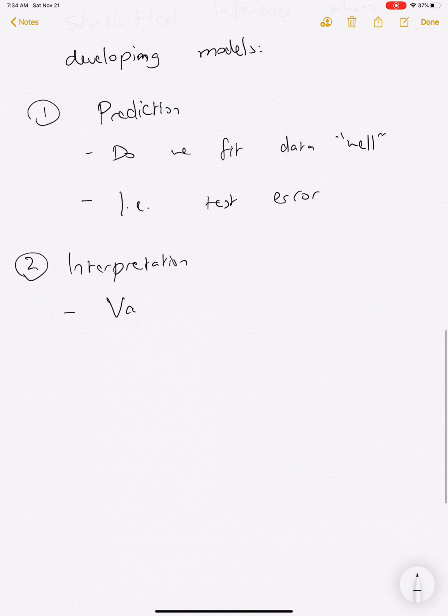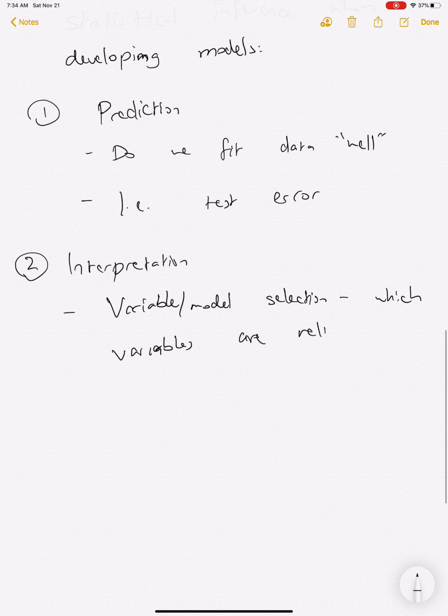So this is variable or model selection, which is saying which variables are relevant.